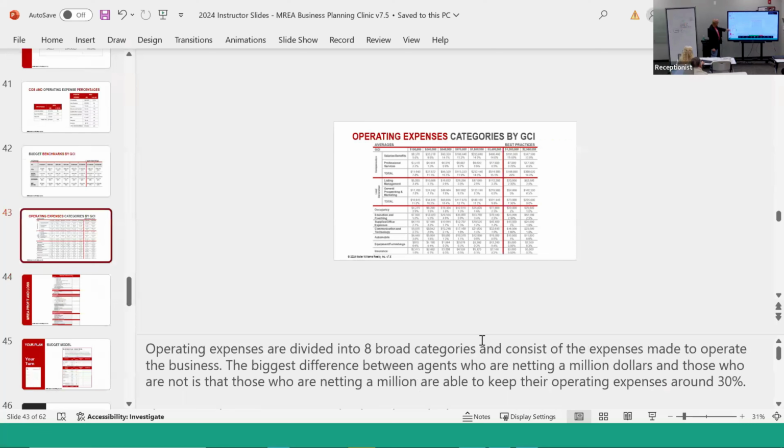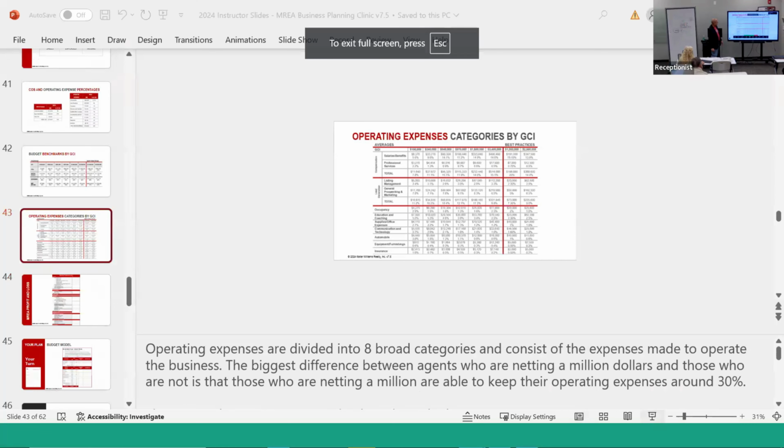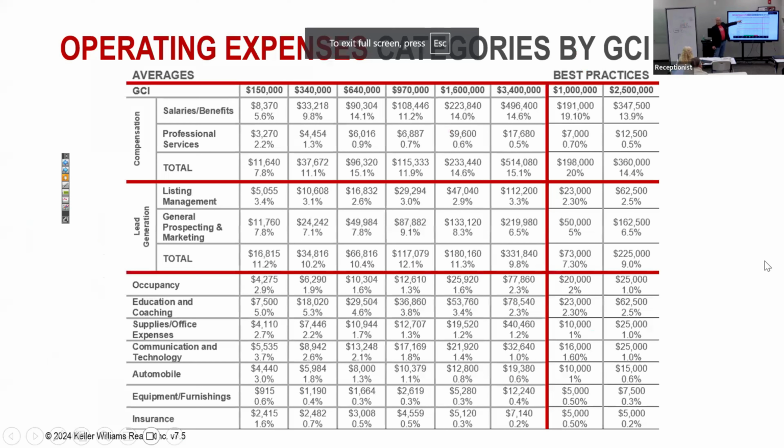Pull this one up. So guys, on the budget model, if you want to make 150 in GCI, which is probably keeping around 105, this is how your expenses should look. This is how they should look at 340. This is how they should look at 640. This has been recently updated again, so we know these percentages are pretty true.